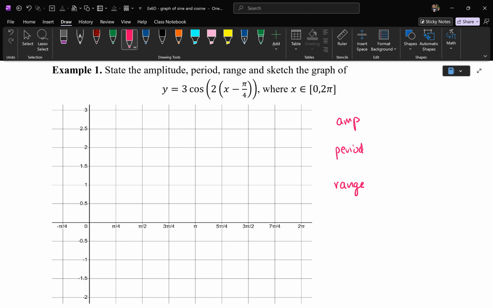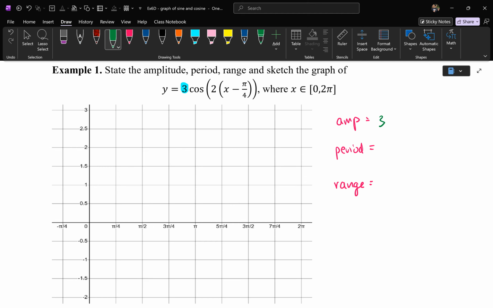So here we go. Krish, what is the amplitude? 3, very good. 3, so the dilation factor in front of the function, that dilation tells you the amplitude, so we know it's 3.